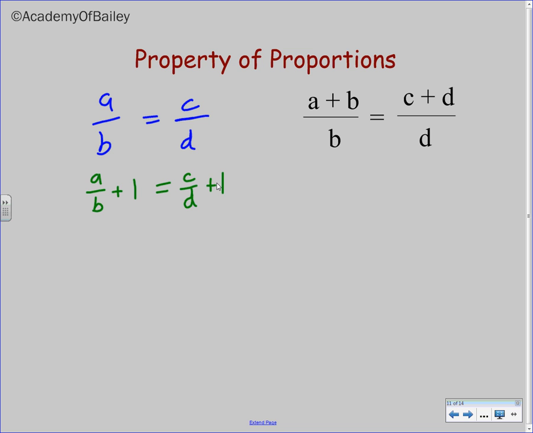Now, A over B plus 1, they do not have like denominators, so I want them to have like denominators. So I have B over B. I just changed 1 to B over B. So now if we have C over D plus 1, we want them to have like denominators.